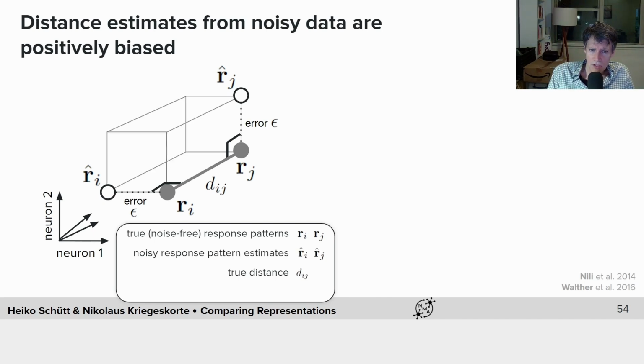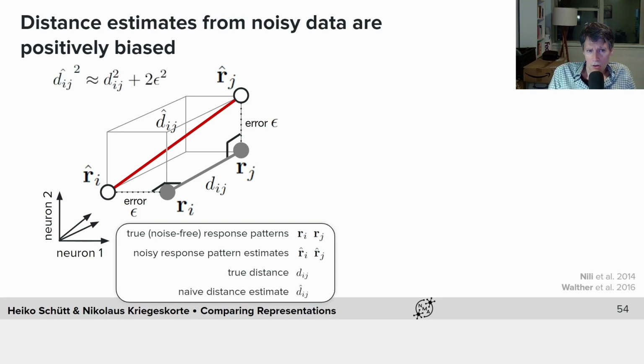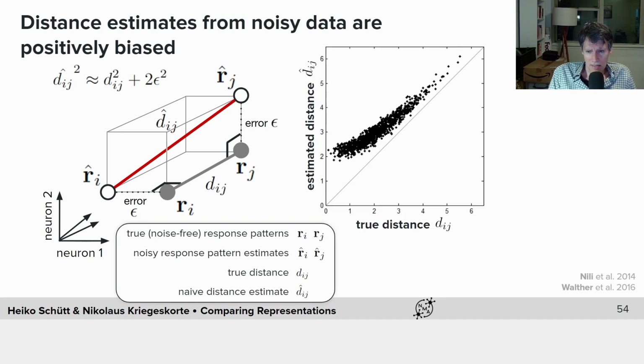So in this scenario, we get a distance estimate from our pattern estimates that is longer than the true distance, and it's longer by a very predictable amount. Since these elements are approximately orthogonal to each other, the norms of these errors squared and the true distance squared just add up to give us our squared Euclidean distance estimate.